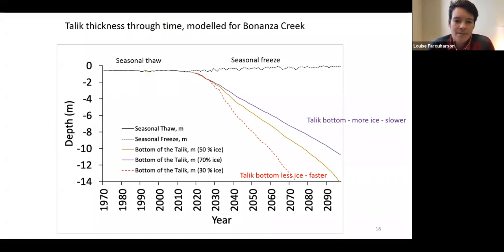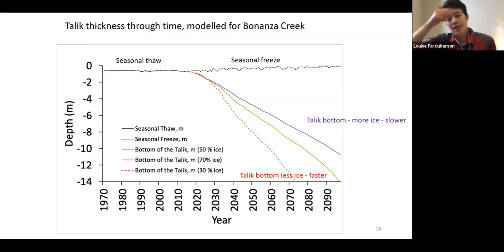And the thing to focus on here are the three colored lines that depart from the seasonal thaw, seasonal freeze layer. So we have the red dotted line. This is the bottom of the talik, and this is modeled using lower ice content, so 30% ice content. And the brown line in the middle is 50% ice, and the purple line at the top is 70% ice content.